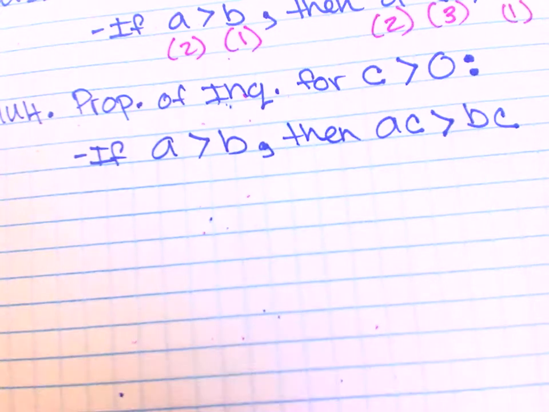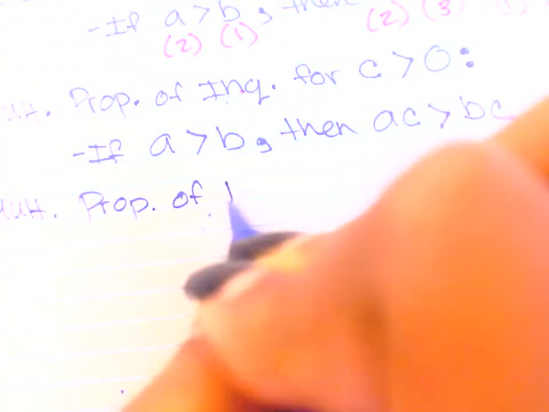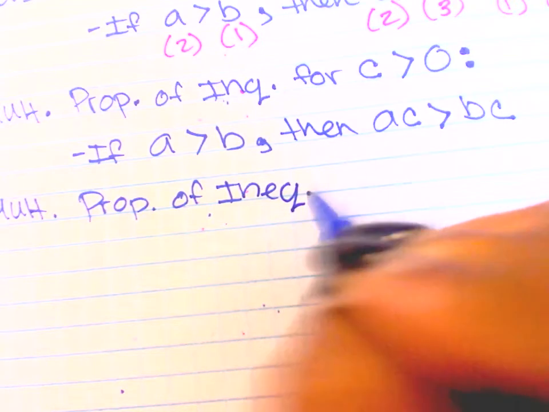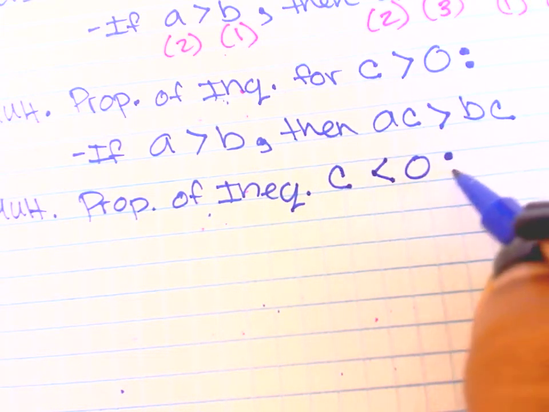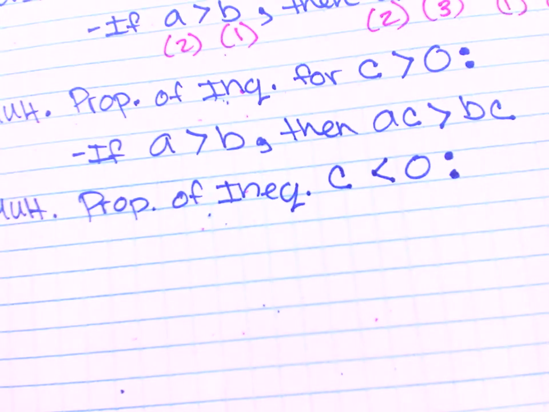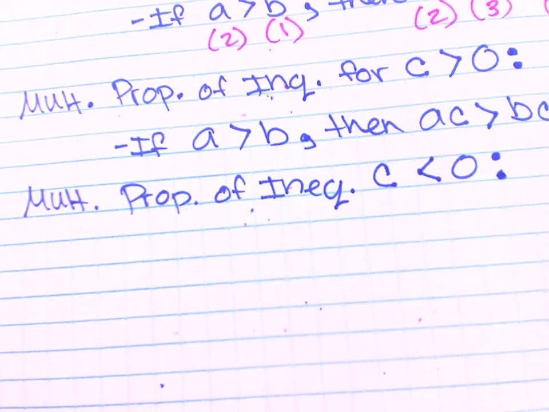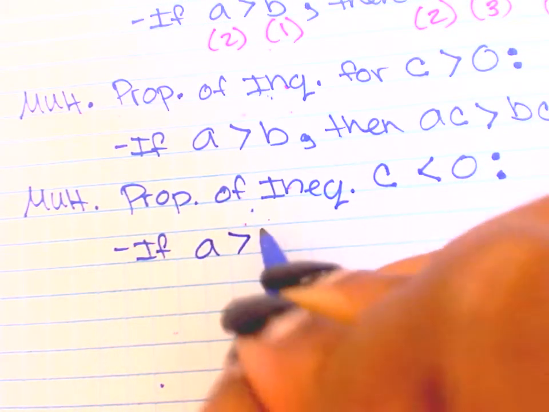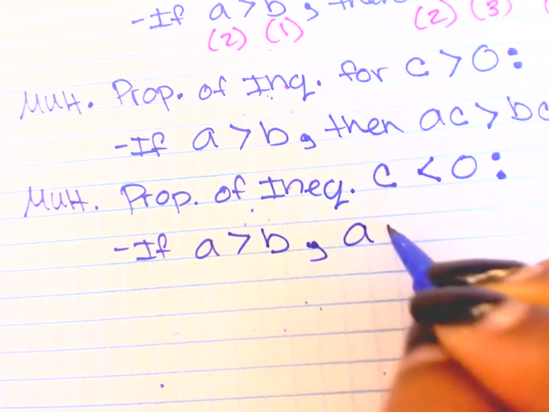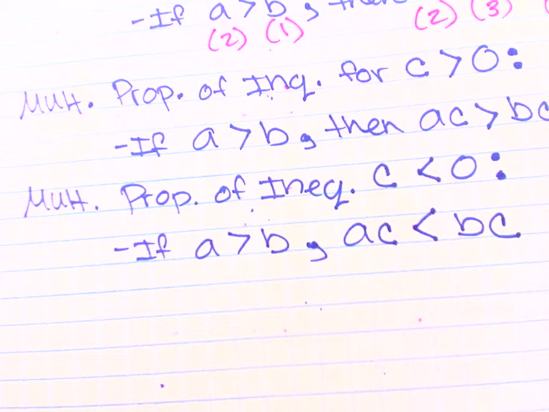So then we have the multiplication property of inequality for when C is less than 0. Now this one you have to pay attention. If A is greater than B, then AC is less than BC.